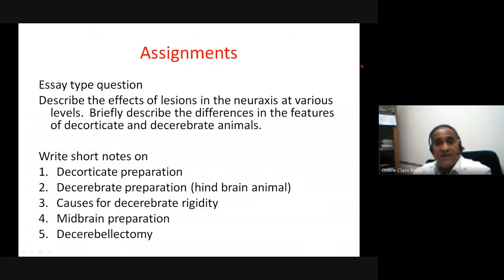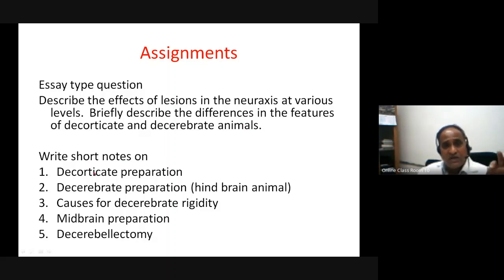Okay, now coming back, today's assignments: describe the effects of lesions in the neuraxis at various levels. I would advise you to briefly describe the table and briefly describe the differences in the features of the decorticate and decerebrate animals. That means you put the table of the decorticate and decerebrate animals, and if you practice that, you are through with this particular chapter.